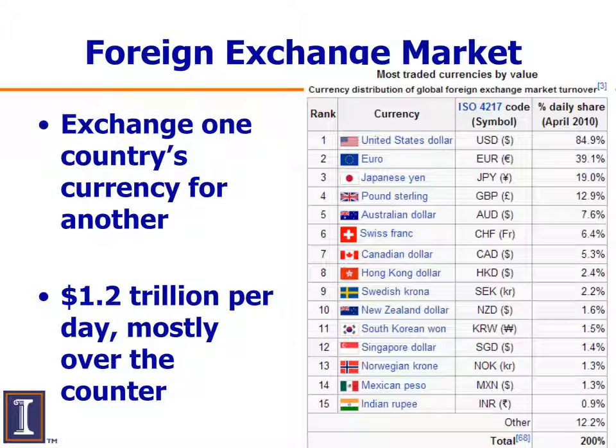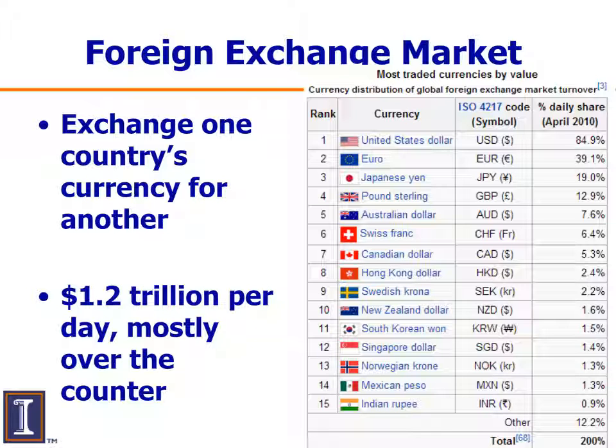There is a market for exchanging currencies, one for another. That foreign exchange market operates continuously daily. It on average transacts about $1.2 trillion per day, and it's a mostly over-the-counter market, with no formalized exchange. Here you see a list of currencies and their relative share of the market.